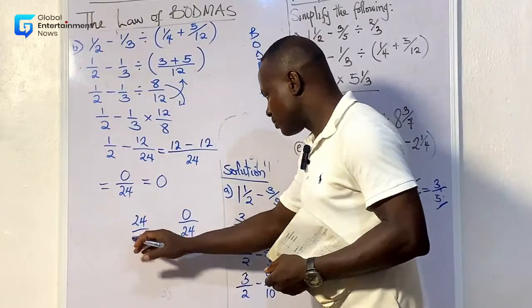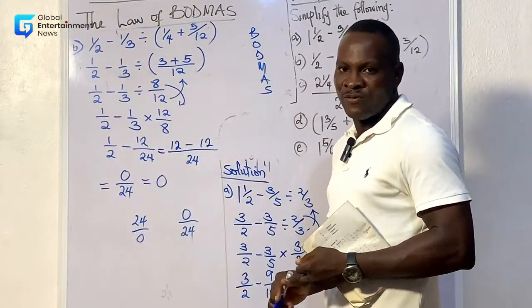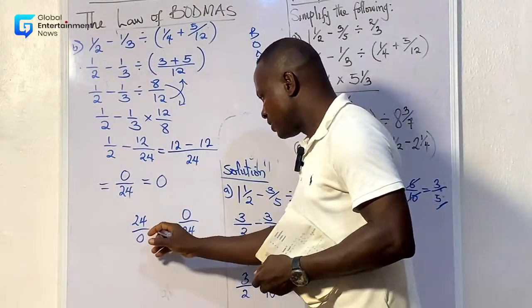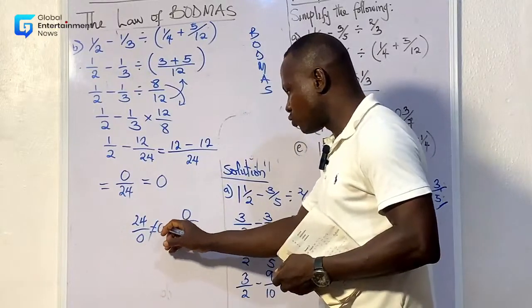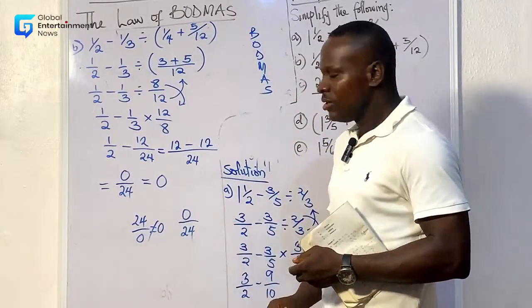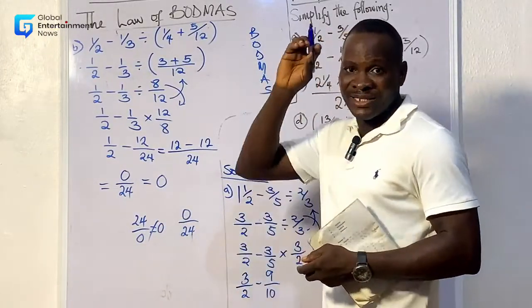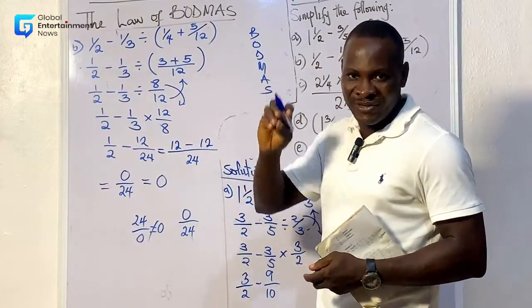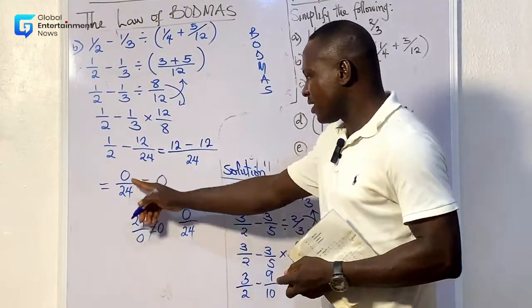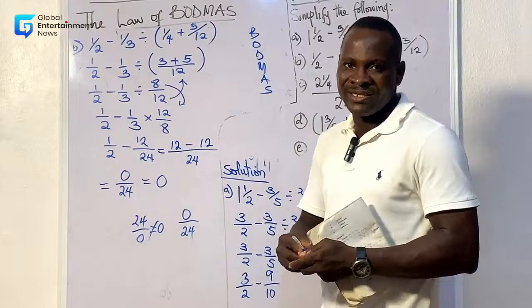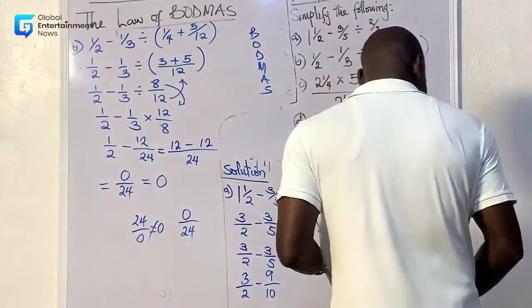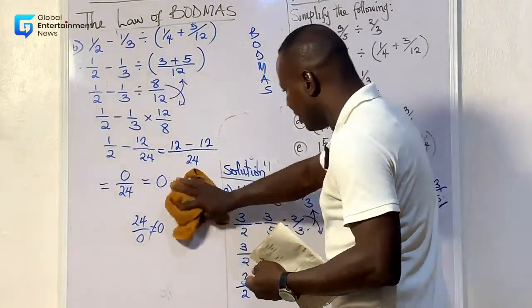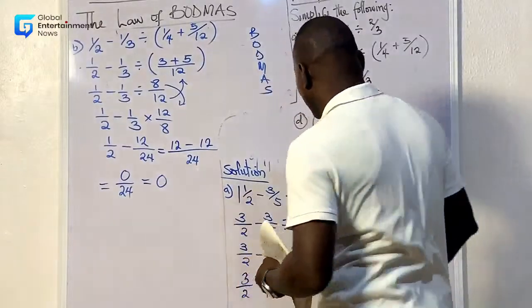This one cannot happen, 24 divided by 0. It cannot work. But once we have 0 at the numerator level, it will still give us 0. So 0 divided by 24 is 0. So 0 is our final answer for this second question.